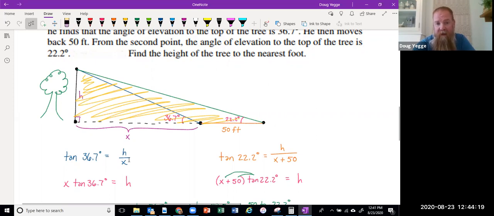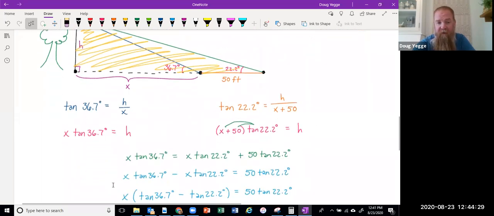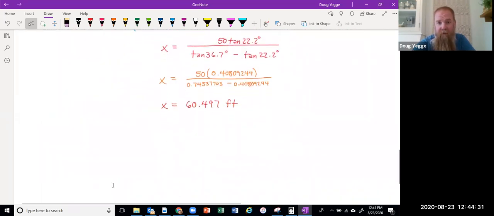Now you should recognize that we have the entire length. And we have the x value right here, which means that the only unknown is h. So we could find h by recognizing that it's x times tangent of 36.7 degrees. So let's take h then, which is x, or 60.497, times tangent of 36.7 degrees.